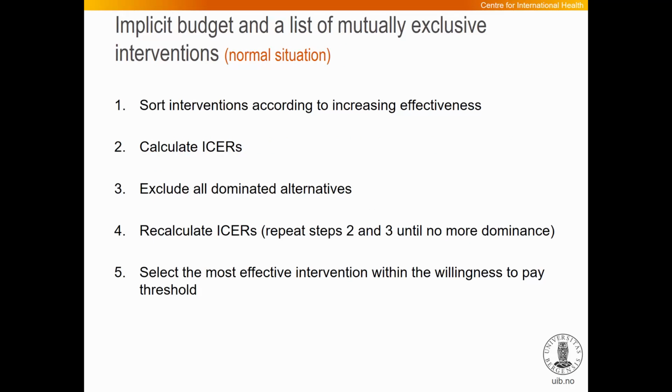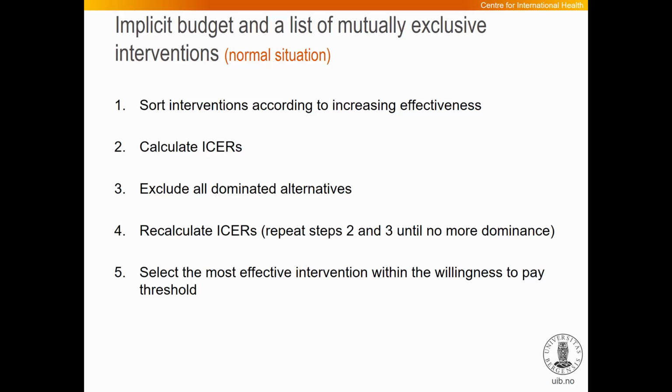This gives us a different decision rule. So first, we sort interventions according to their increasing effectiveness. So on top of the list, we have the least effective intervention, the one that produces the lowest health gain. Second, we calculate the ICERs.